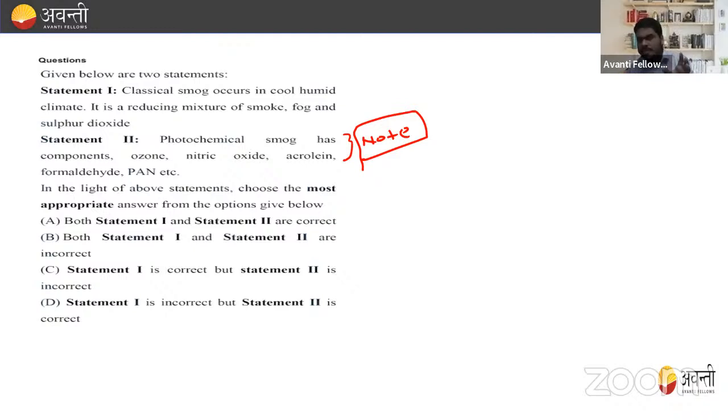What type of question might they ask? If you learn the concept behind the question, then you are very clear about this and easily able to solve questions related to such previous year questions also, right? So both statement 1 and statement 2 are correct. I hope it is clear to everyone.